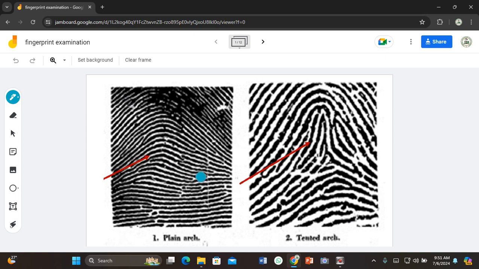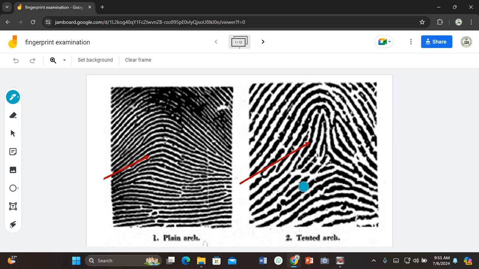Whereas in the second one, figure 2, you can see that the innermost ridges thrust upward. They are almost vertical, as if you have a tent.